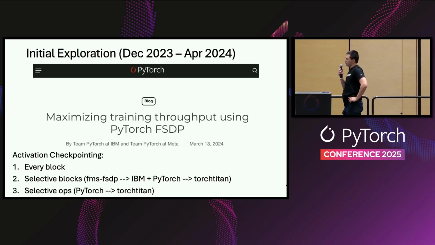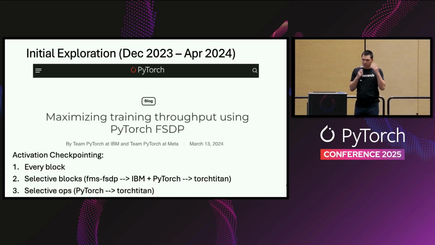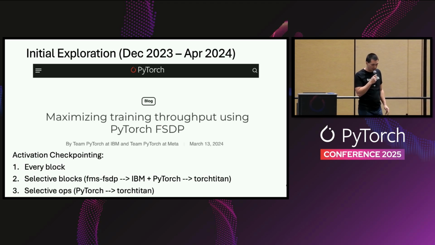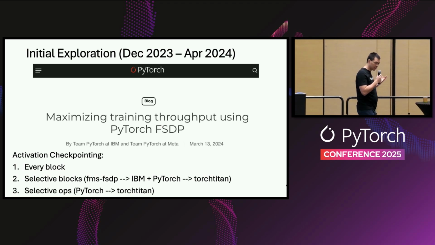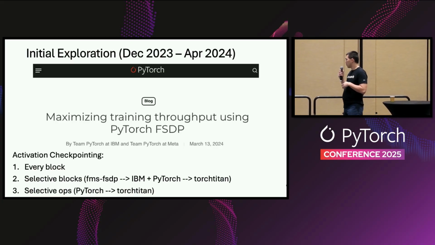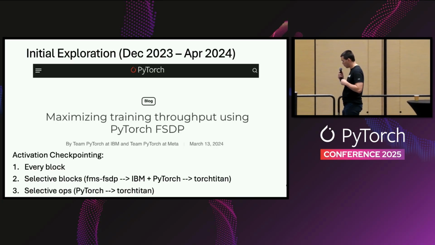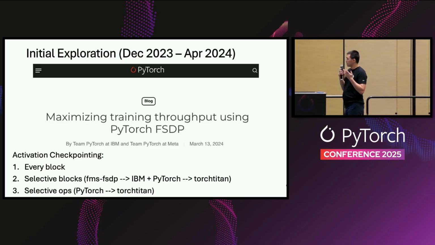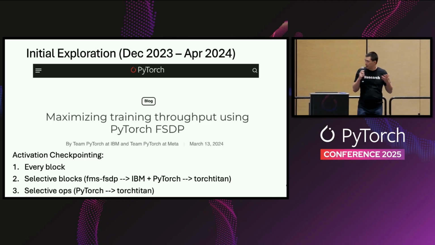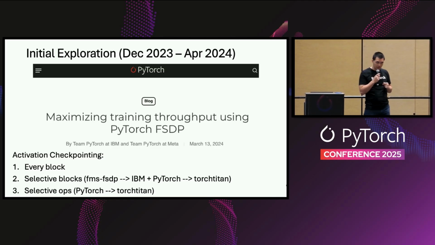And it was, at the time, very standard to checkpoint every block, every layer in your model. But in our runs, this was not quite flexible enough. We wanted to do more selective checkpointing. This originated in FMS FSDP, and through collaboration with PyTorch, this eventually made its way into TorchTitan.